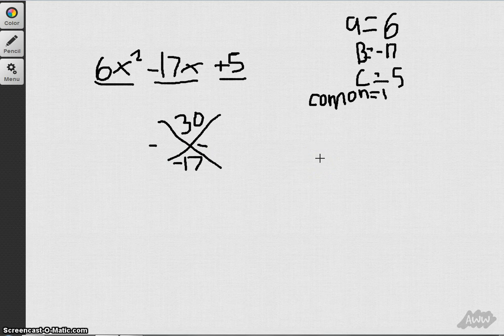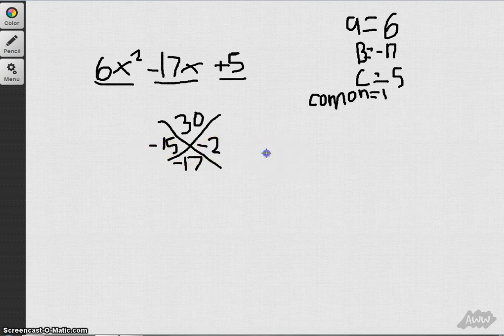So you have to think of another one. So 15 times 2 is equal to 30, so then negative 15 plus negative 2 is equal to negative 17, so then it's negative 15 and negative 2.